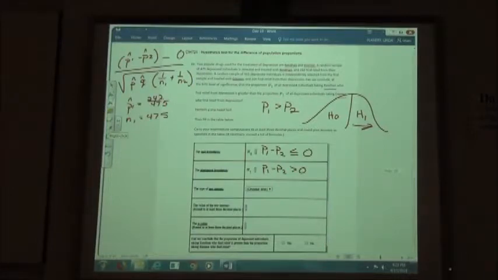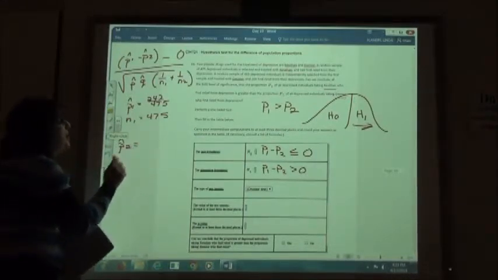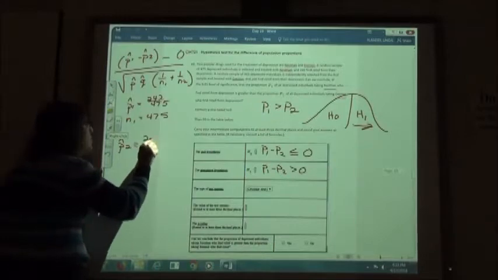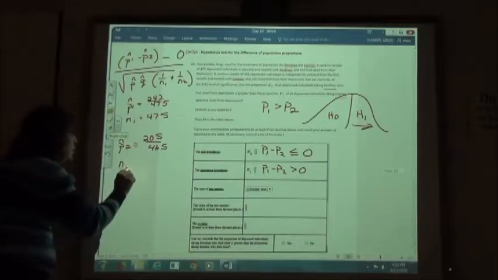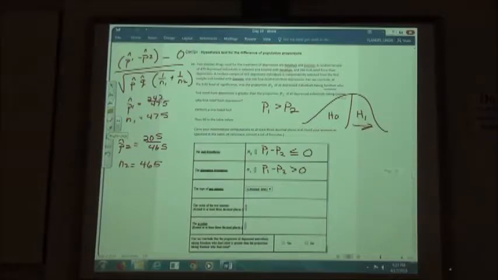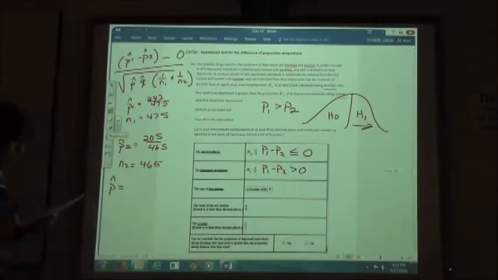On the second one, p hat 2, on my second survey, 205 found relief out of 465. 205 out of 465. And n2 is the 465, right? All right. So, in order to find the plain p hat, we are going to use the x values.